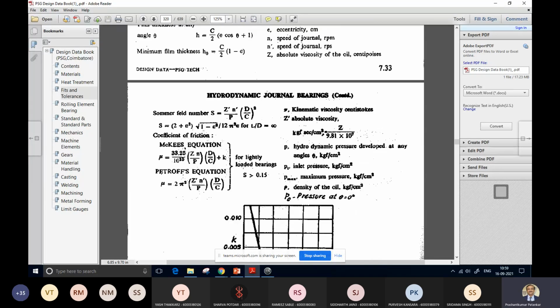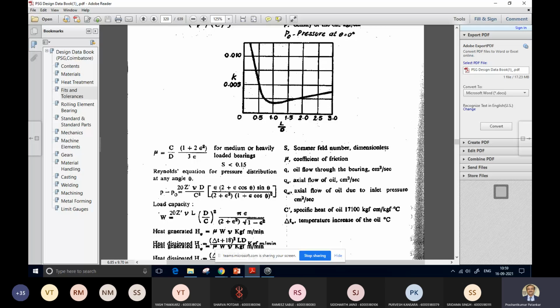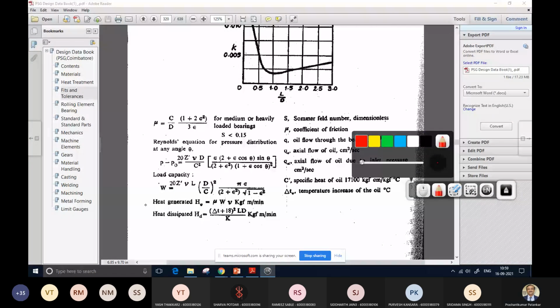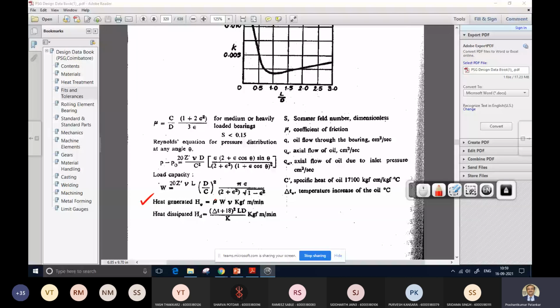Yeah, I'm talking about this particular formula. See here they have given you the relation for calculation of the heat generated. So heat generated depends on the coefficient of friction, it depends on the radial load, and it depends on the velocity. See, the unit of load is Newton and the unit of velocity is meter per second.